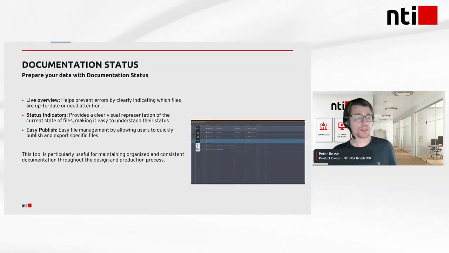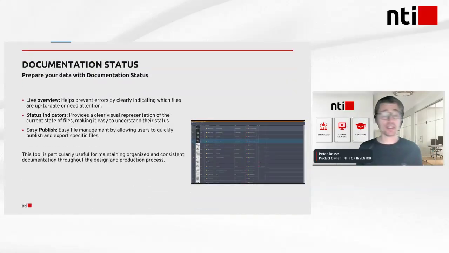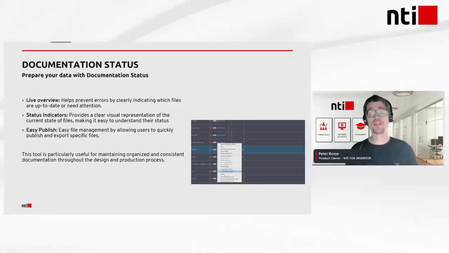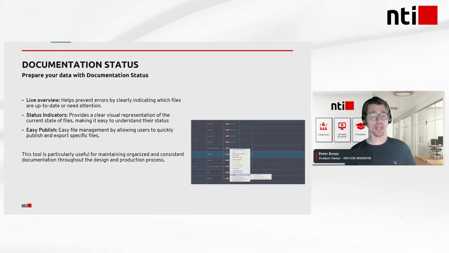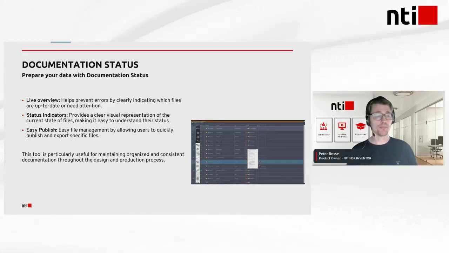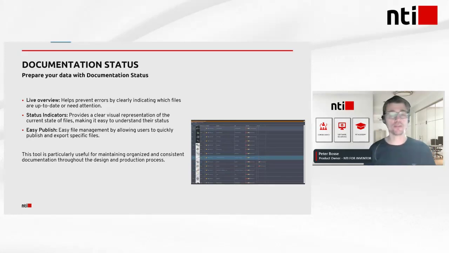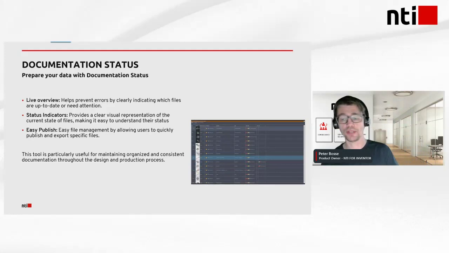It helps you to make sure that you have created the new PDF files after you have saved your IDW the last time. And it does this via some indicator icons, so that you're able to see if it has to be updated or created.